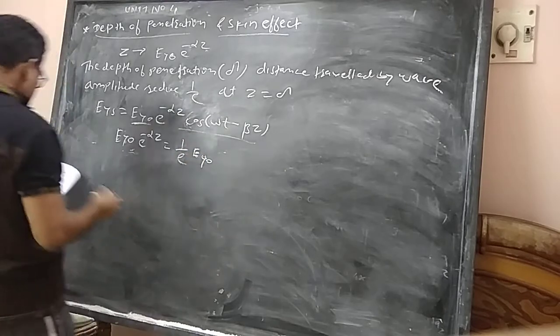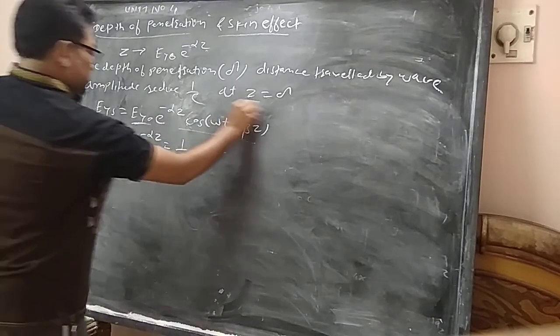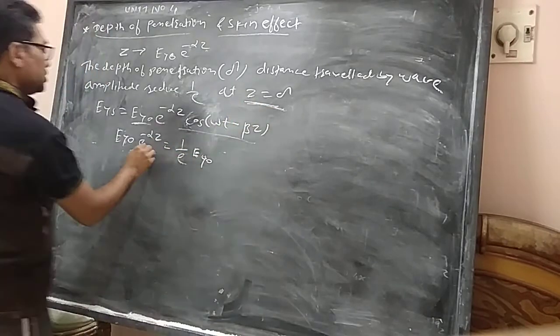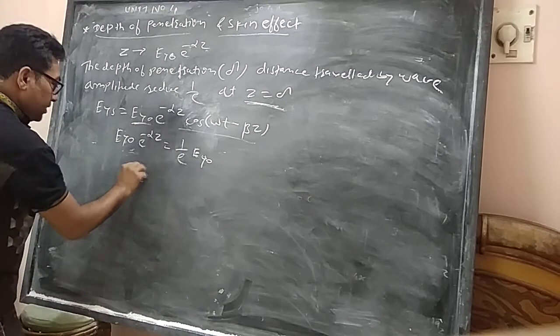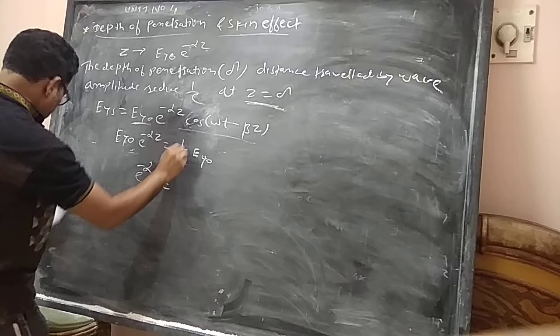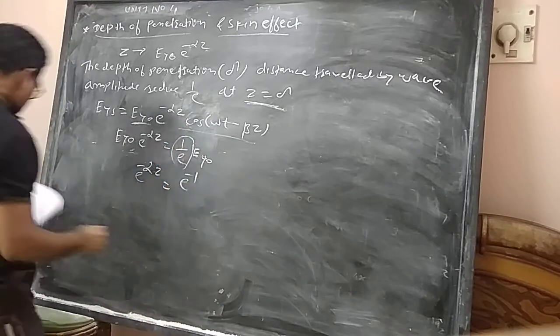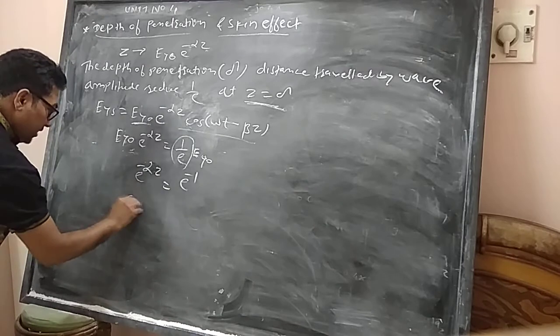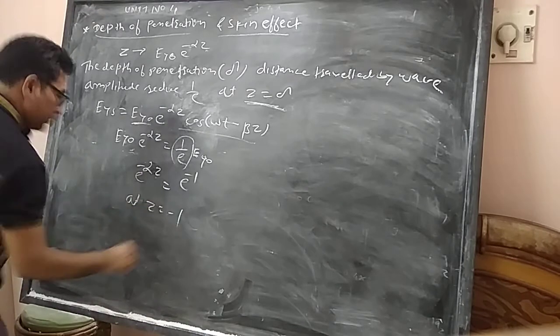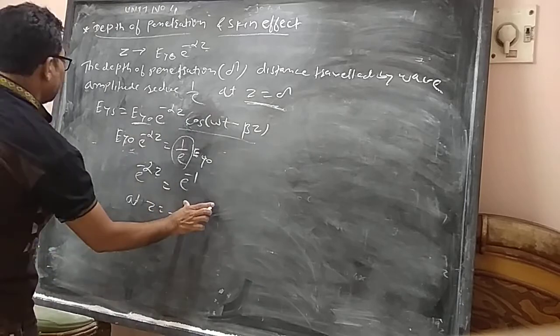So now we have to concentrate on z value, z equal to del. So e raised to power minus alpha into z will be equal to 1 by e, and 1 by e factor will be converted to e raised to power minus 1. So z is equal to del, as we have assumed.